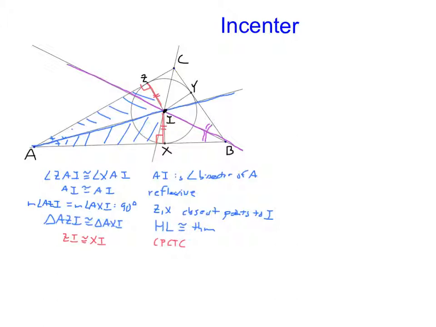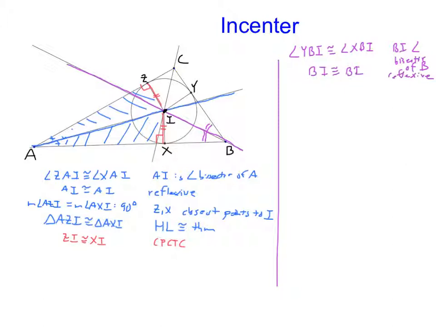Okay, so now I'm going to back up and show that I get the same thing when I come in from the other side. So I got those angles, because BI is an angle bisector. They share the line BI. And then I'm using different colors now because I don't know that this length is the same as this one. So I'm looking at this orange length here and this orange length here.